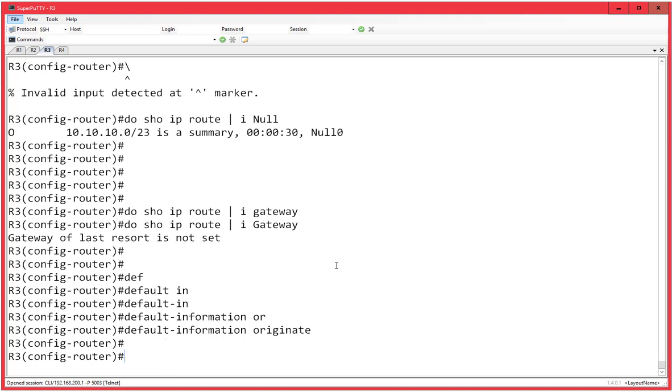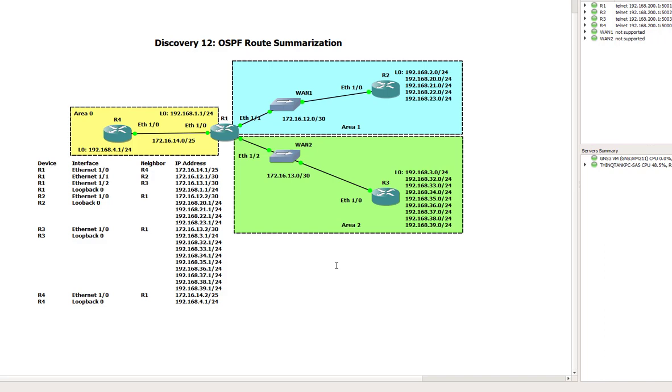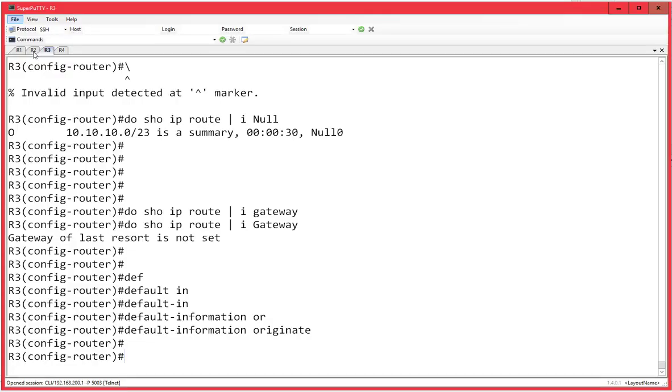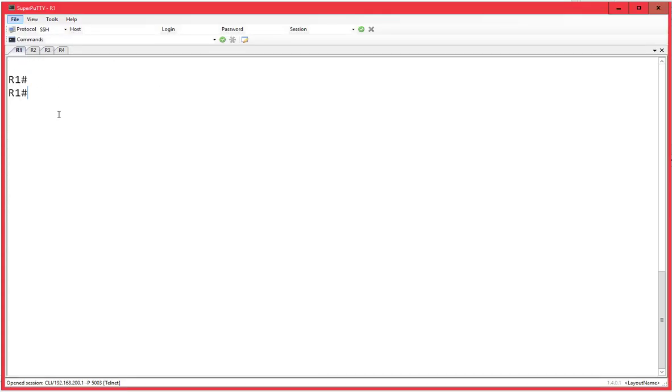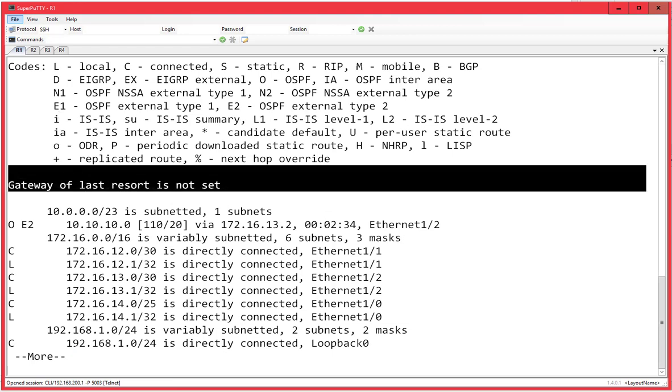Okay, so I've done this on router 3, assuming in this case that router 3 is connected to the internet. I'm going to inject the default route back into OSPF. If I go back to router 1, I will see that I still don't have a gateway of last resort. It's not set. Here's the reason why.